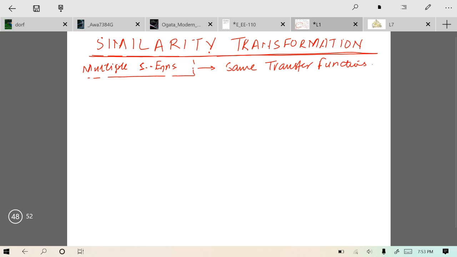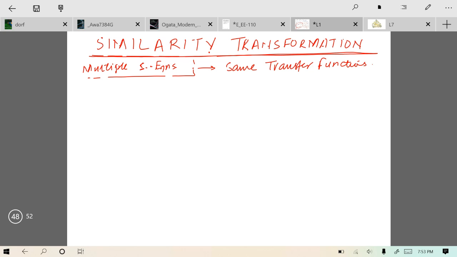For example, we studied when we started our discussion of state variables that a system can have multiple sets of state variables which define the state of the system, because state variables are those variables which when combined with the input can give you the output.